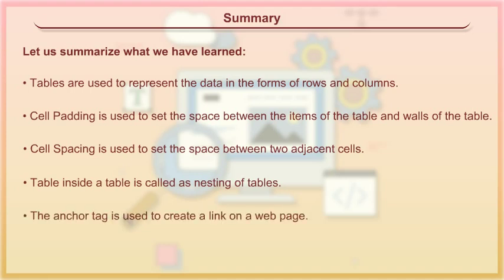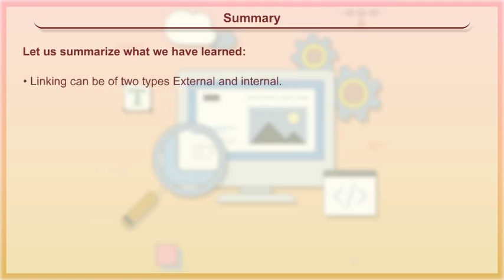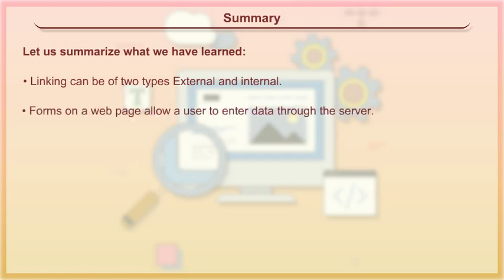The anchor tag is used to create a link on a web page. URL, also known as Uniform Resource Locator, specifies the location of a web page on www. Linking can be of two types, external and internal. Forms on a web page allow a user to enter data through the server.